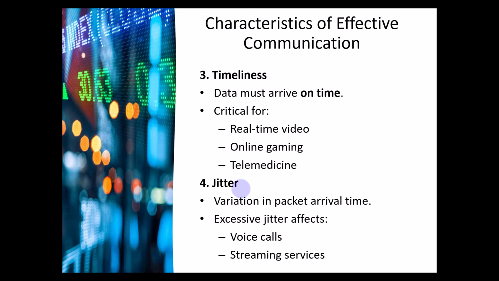If you are watching a real-time video online, or playing a video game with somebody online, or having a telemedicine service, your data between the sender and the receiver must be on time for these services to work.